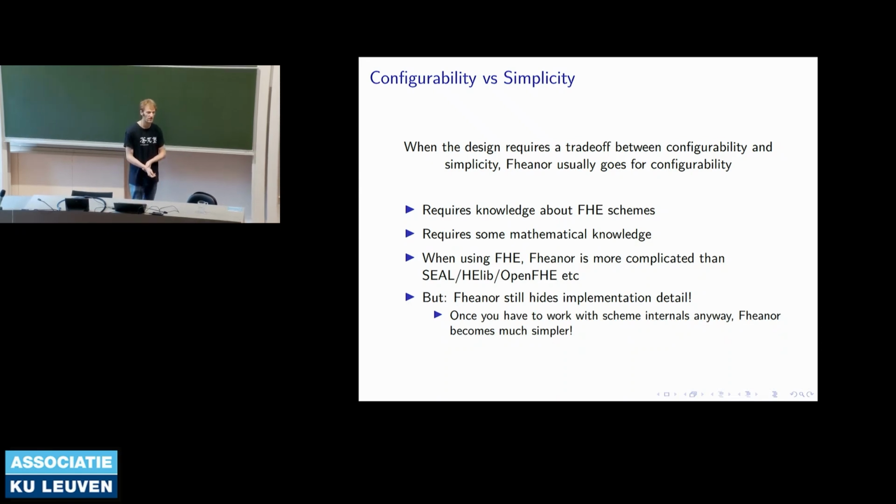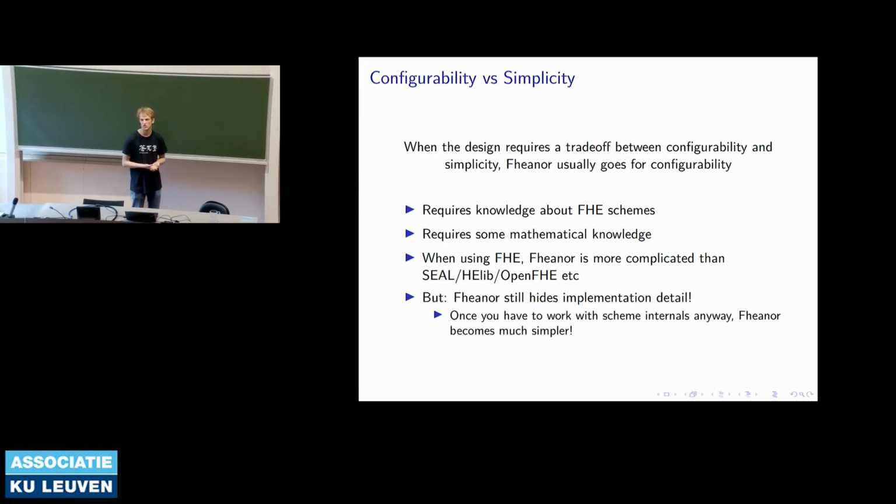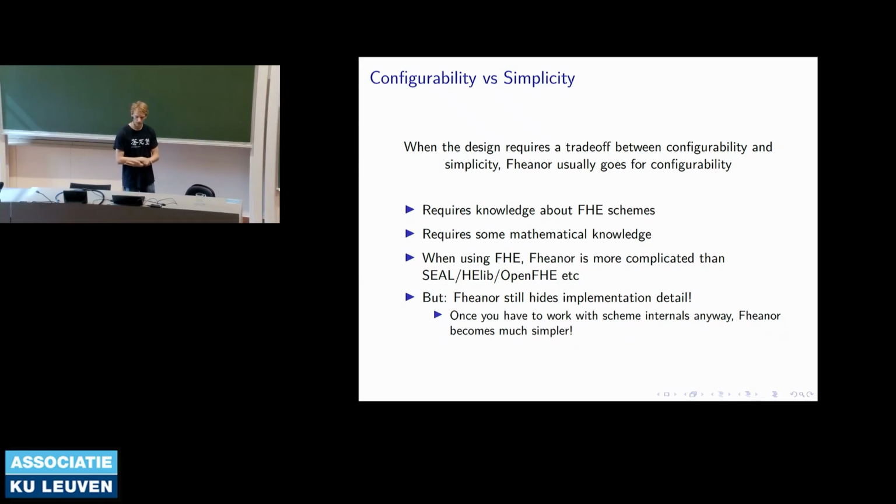goes for configurability. This means that if we want to effectively write a program using Fheanor, in particular if you want to go into schemes, modify them and so on, you have to understand how the schemes work. You have to know what certain concepts in homomorphic encryption are. You have to know what a gadget product is, what an NTT is, and so on.